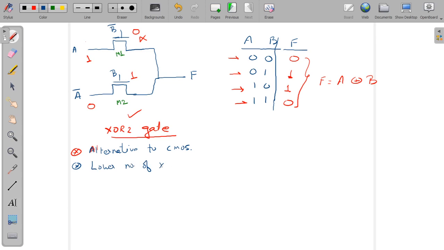Lower number of transistors required for constructing the circuits. And how many transistors are required, you can see from the diagram. For example, for AND 2 gate, including the inverter also, 4 transistors were required.